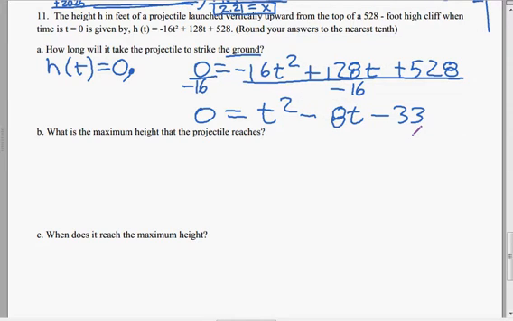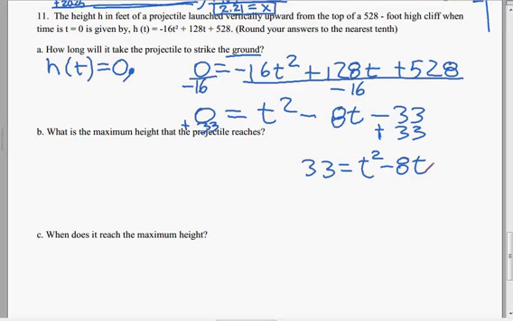So I have an equation where it looks like I cannot factor it immediately. I have to go to completing the square. I add 33 to both sides, and I'm going to end up with 33 equals t squared minus 8t.